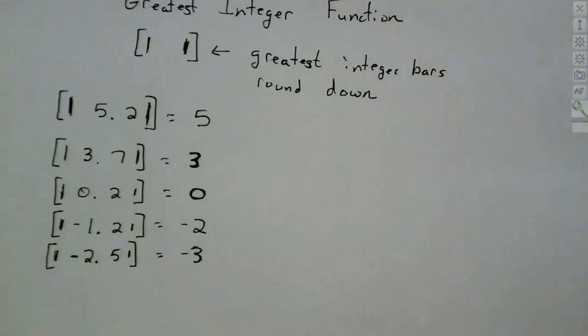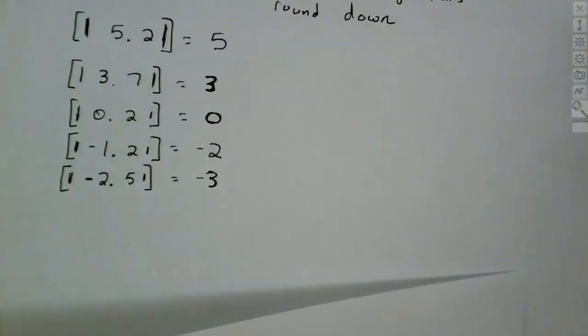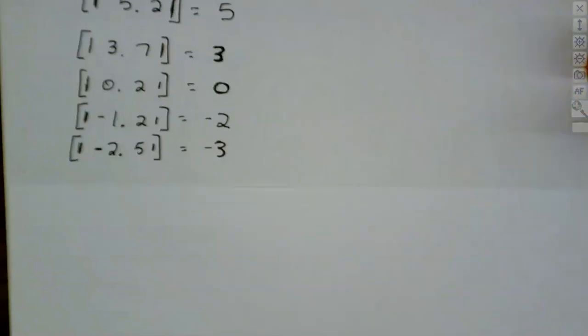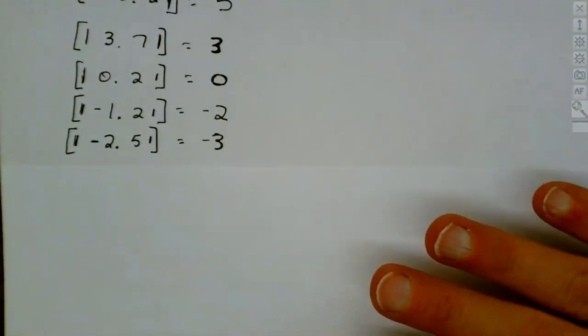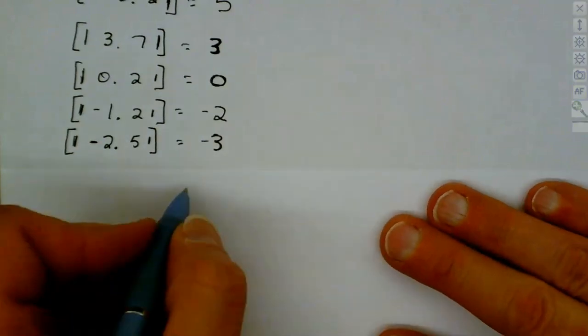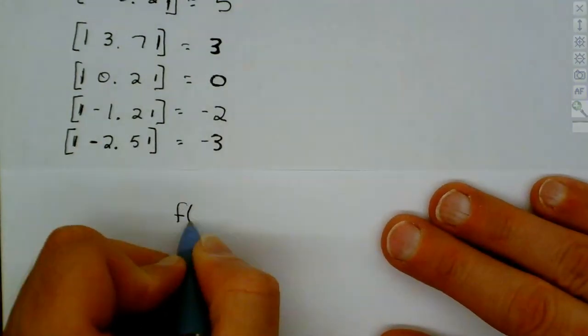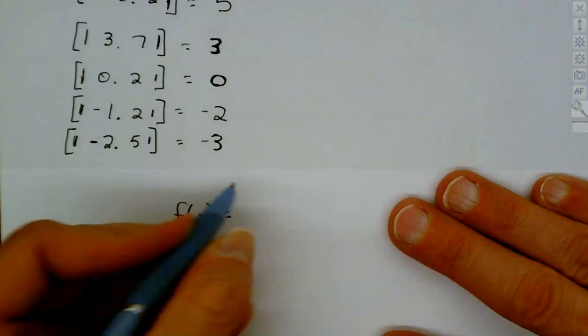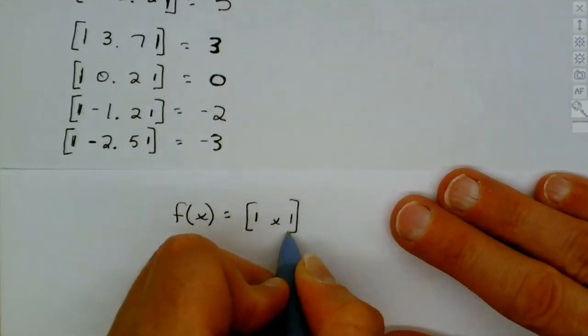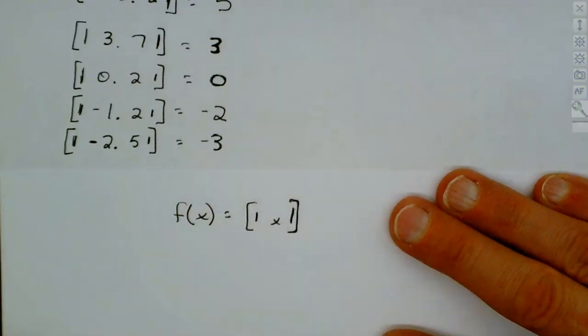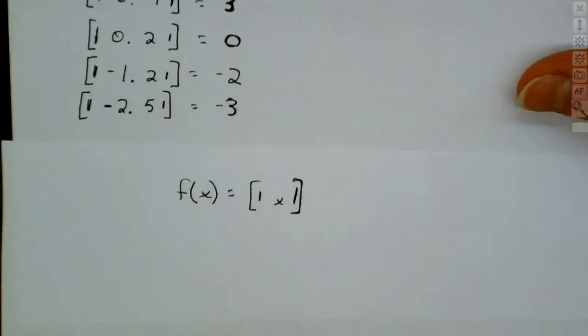What does the graph of the greatest integer function look like? Well, the greatest integer function graph looks like a case of stairs. And what we have to be very careful of is whether we have an open circle or a closed circle. This is also in the back cover of your textbook, but I'm going to write it up here and make it bigger so we can make sure we understand what the picture looks like.